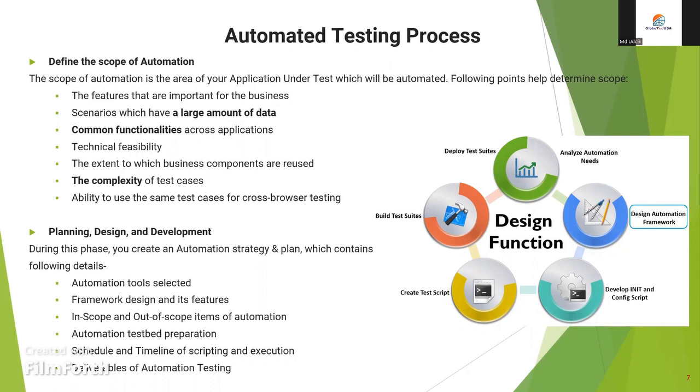The features that are important to the business, right? The functionality that the business uses more, we can automate those things because they can be tested rigorously. Every time a new functionality is added, we'll be testing it before we implement those new modules.